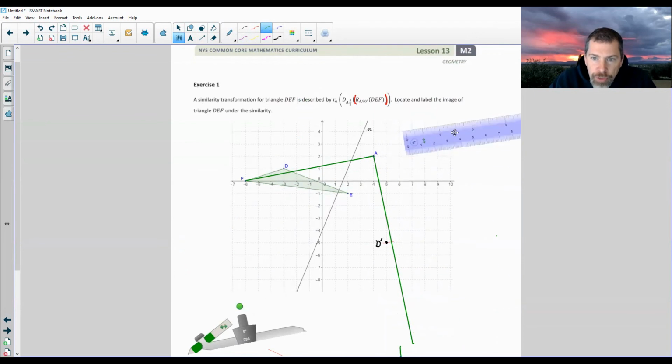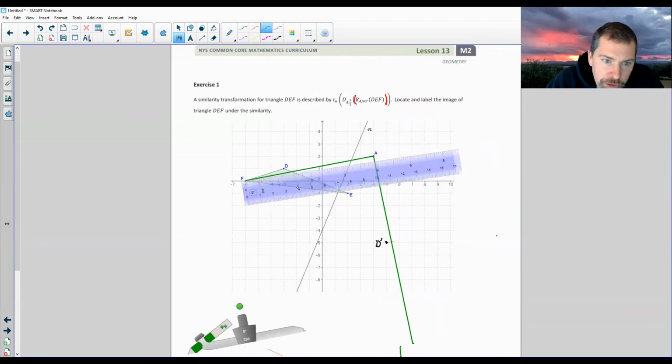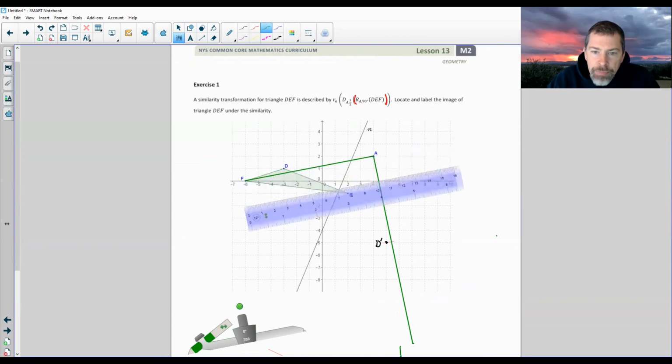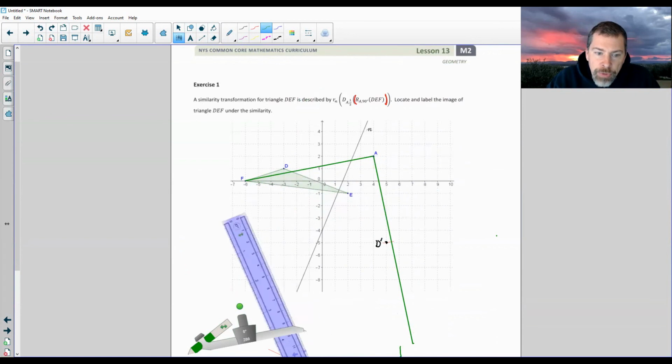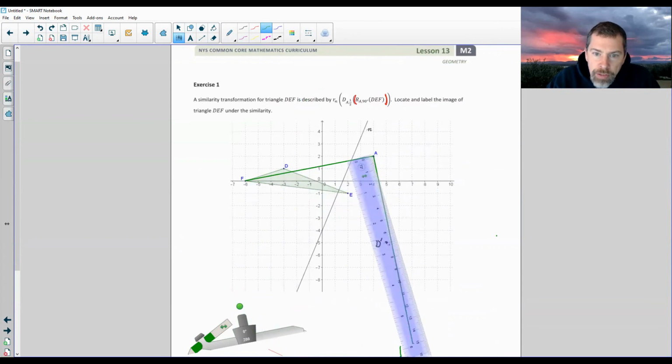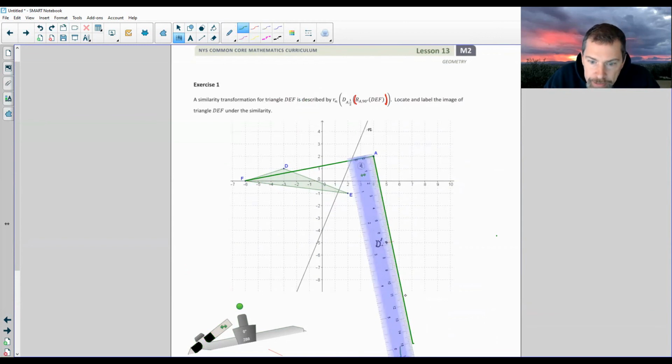So in that situation, I'm just simply going to measure how many millimeters it is from F to my point of rotation A, and it is 10 centimeters. So then I rotate my ruler, put my 0 right on A, line it up with that, and put a dot at 10.